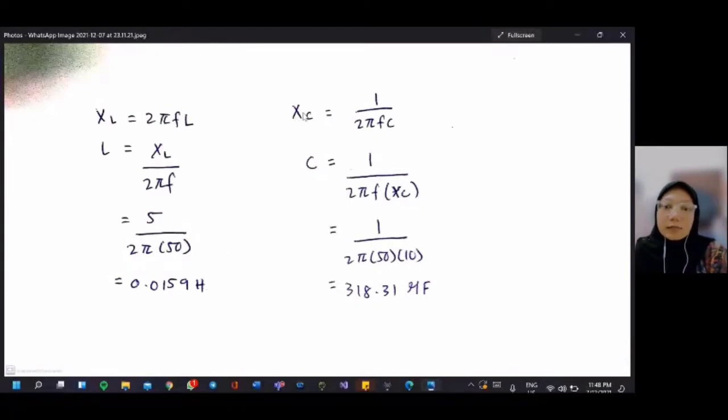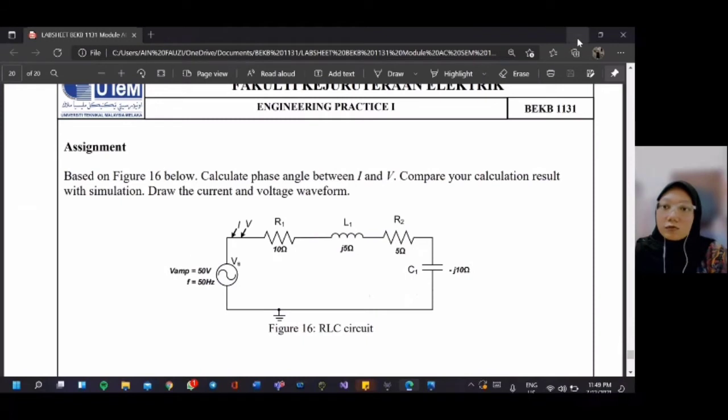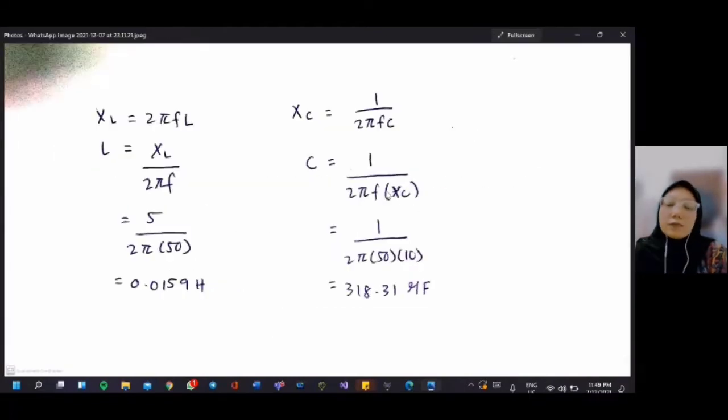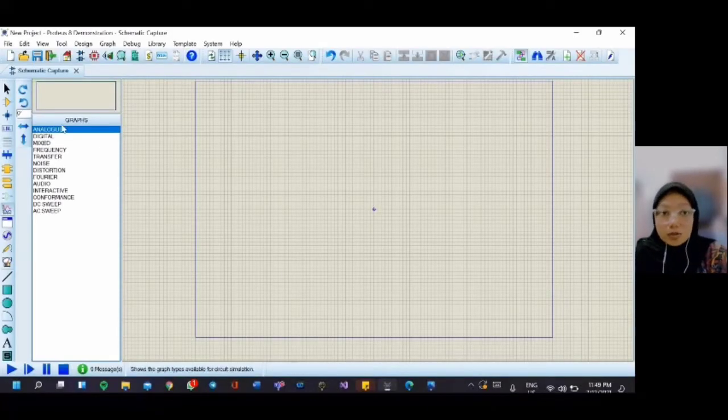While for capacitance C, we use the formula XC equals 1 over 2 pi FC, and we rearrange to C equals 1 over 2 pi F XC, and we insert the value given, which is 10 ohm for the XC and 50 Hertz for the frequency, and we get 318.31 microfarad. Now we can build the circuit on Proteus.